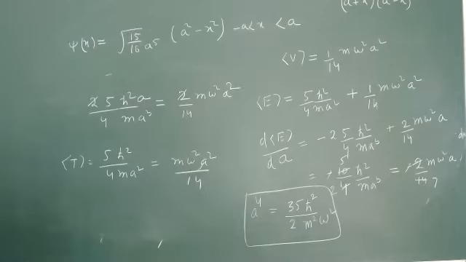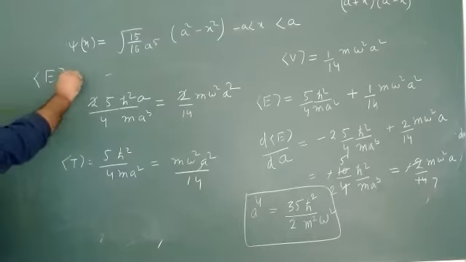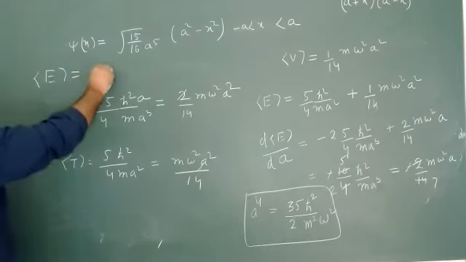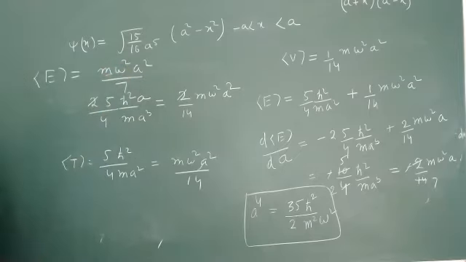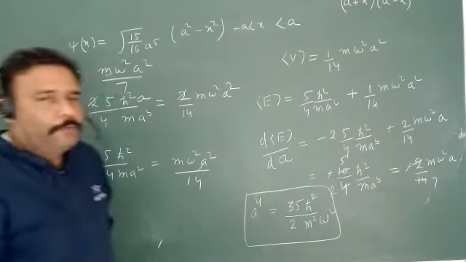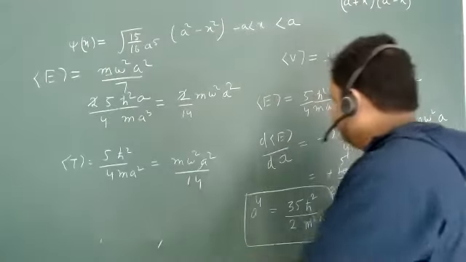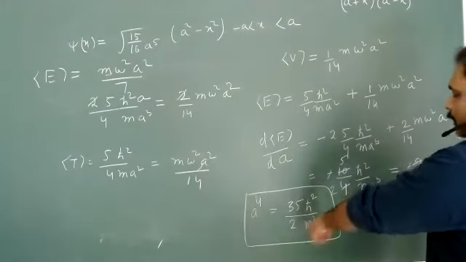It's very nice. Look here, I can put this value there. So my average value is m omega square a square by 7. Now I have to put only the value of a square here. So what will be this value?